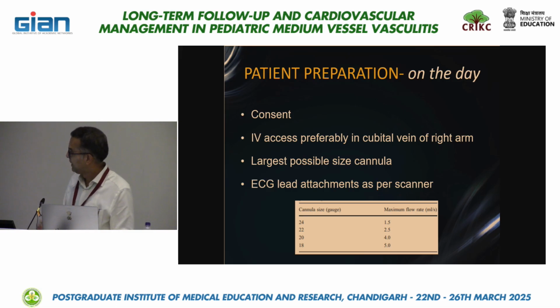A rough idea is a 24 or 26 gauge cannula, but the flow rate should not exceed 1.5 ml per second, and generally in small kids 0.5, 0.7 to around 1 or 1.2 is sufficient for acquiring an optimal CT scan.